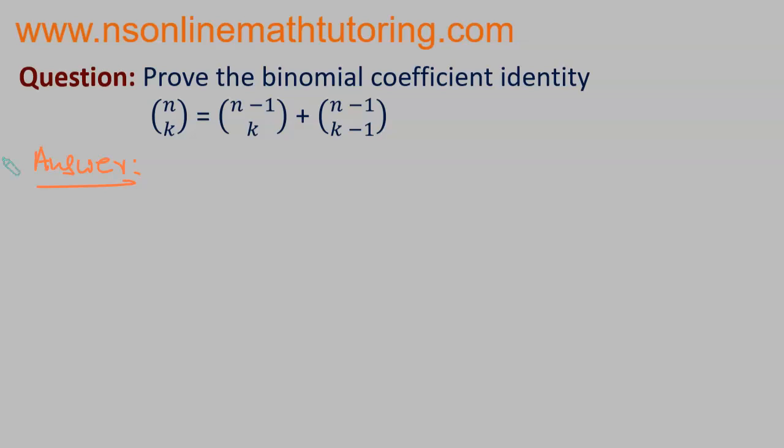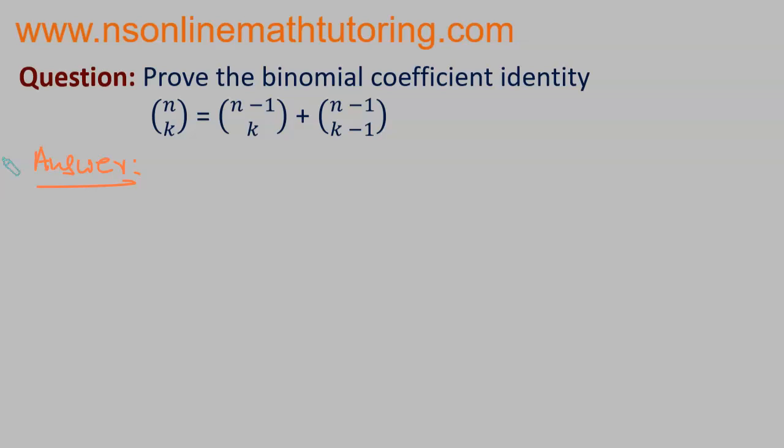Now, whenever you have to prove an identity, it may be a trigonometric identity. In this case, it is a binomial coefficient identity. Always start from the side which has more number of terms. In this case, we are seeing on the left hand side there is a single term, and on the right hand side of the equal to sign there are two terms.